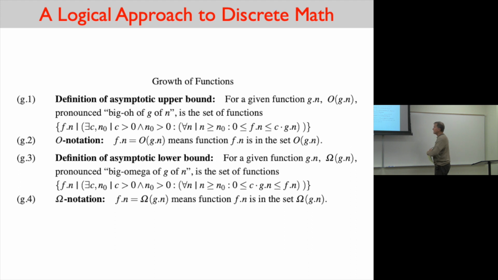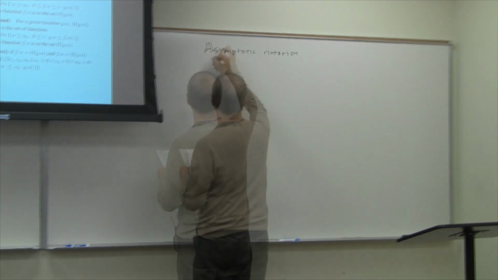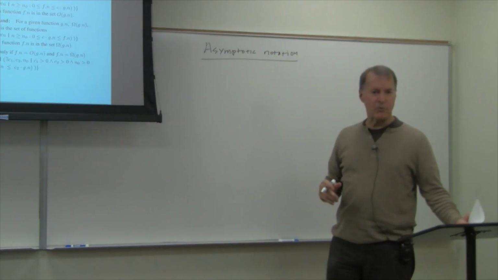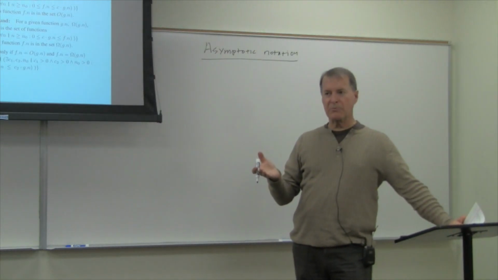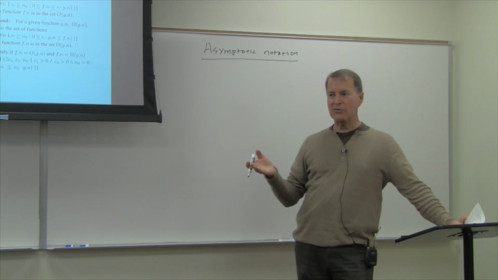Let me begin by asking you a question. This is asymptotic notation. Whenever you run a program, or buy a program from a company and run it, how do you want it to execute?